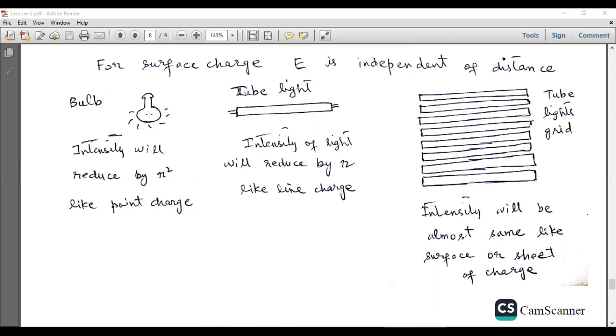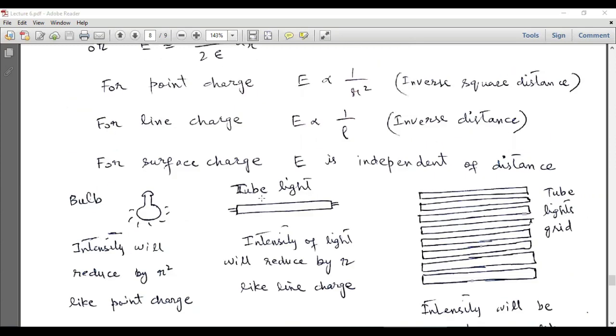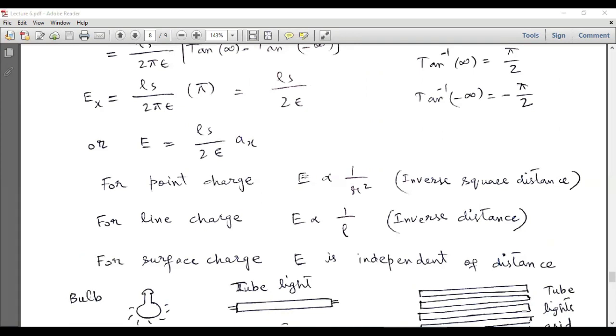If we have a bulb in our room, then the intensity of the light will reduce more as we move away from the source. So the same principle applies to light sources and to charge sources.